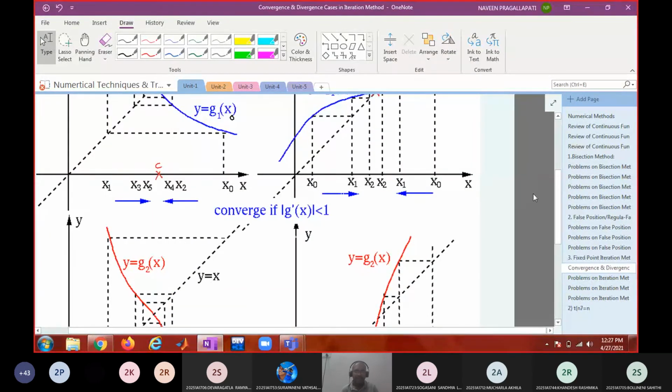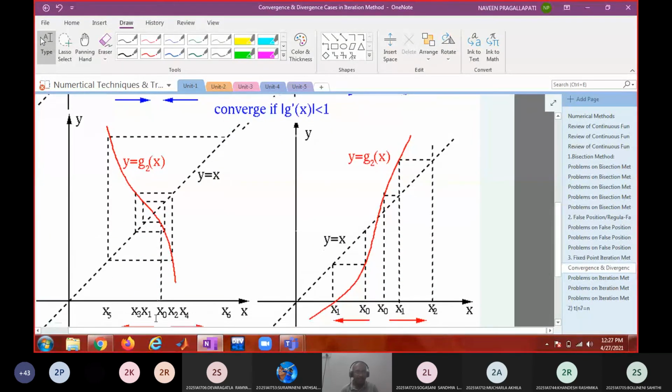You start with an initial approximation here, x naught, it is giving x1. Again substitute x1 here, you got x2. Again substitute x2 here, you got x3, and so on. See here, the point of intersection is exactly here. This is the exact root.